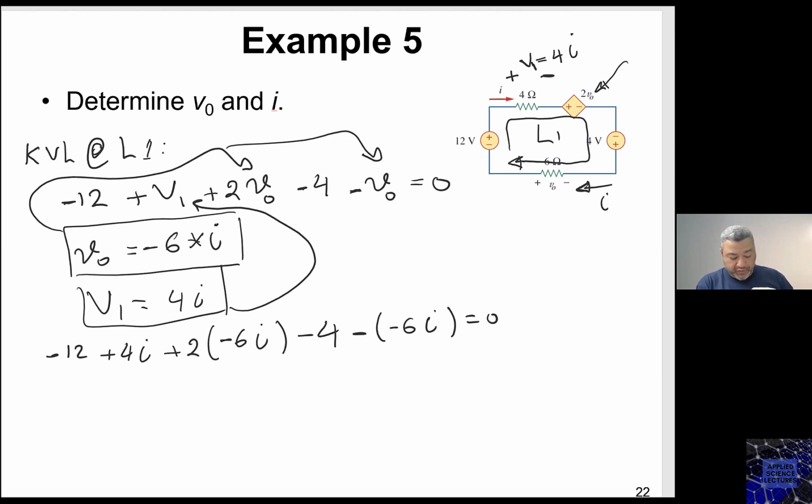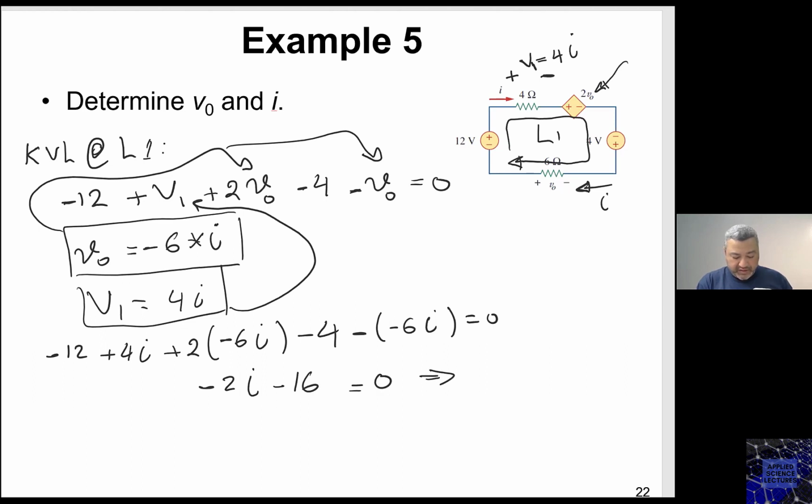So rearranging, minus 4 minus 12 is minus 16. So I have here 4I minus 12I minus 8 plus 6I minus 2 minus 2I minus 16 equals 0.